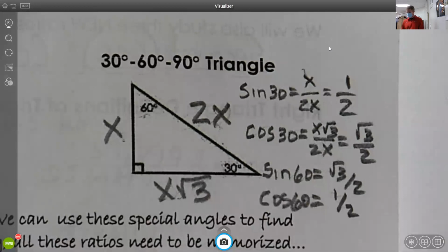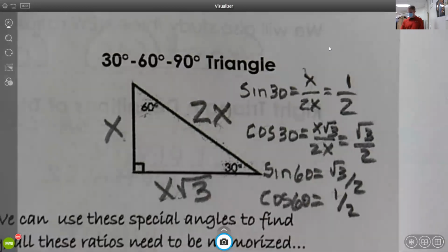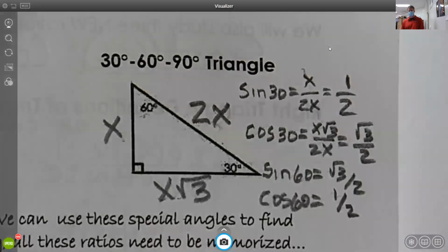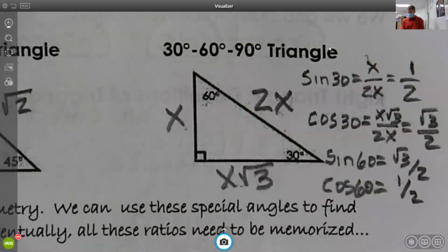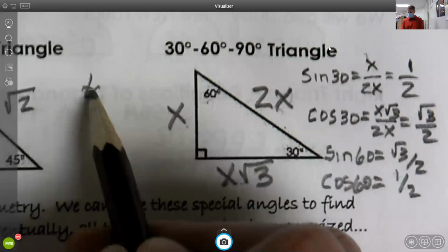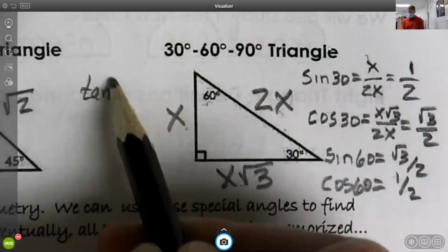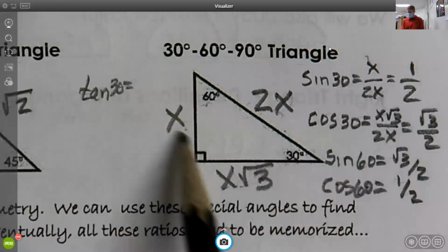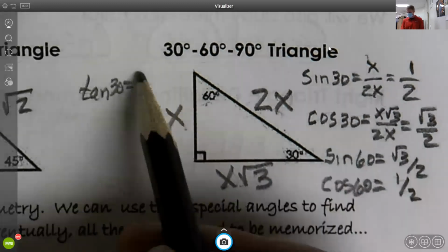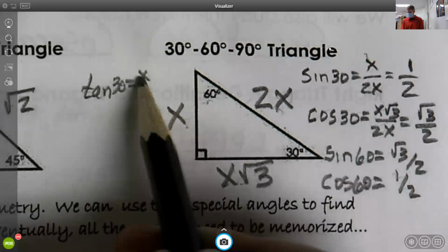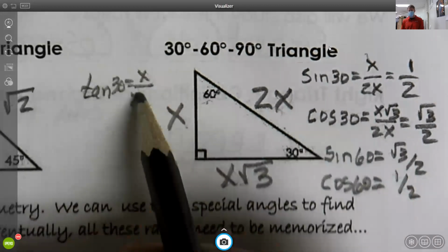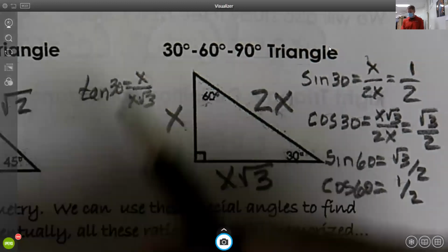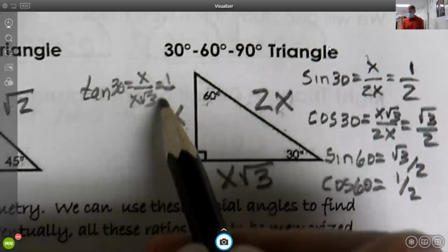And then we can do the reciprocals of those to fill out the rest of the chart. How about the tangent? The tangent of 30 is opposite over adjacent. So we have x over x root 3. Well, the x's cross off, and we get 1 over root 3.